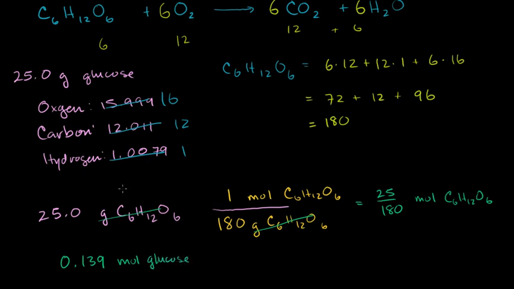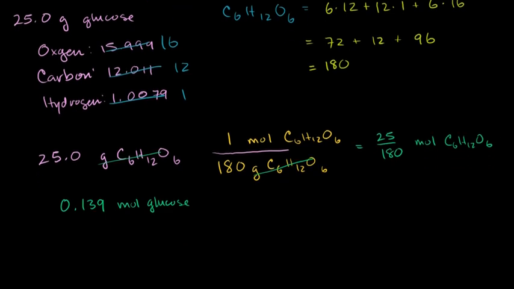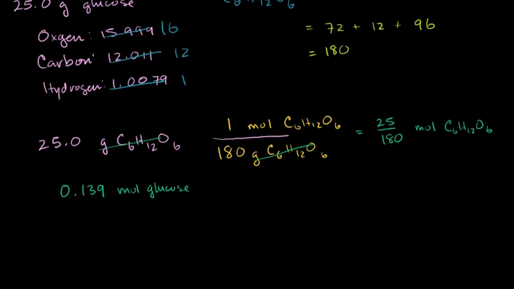Now, the first step we want to figure out is for every mole of glucose, how many moles of oxygen? And we know that. It's 1 to 6. So let's write that down. And that's going to tell us how many moles of oxygen we need. And remember, we want to get rid of this moles of glucose, so we want to write that in the denominator.